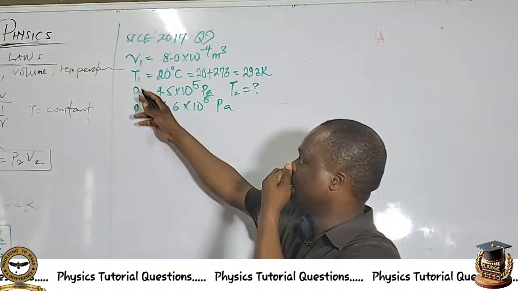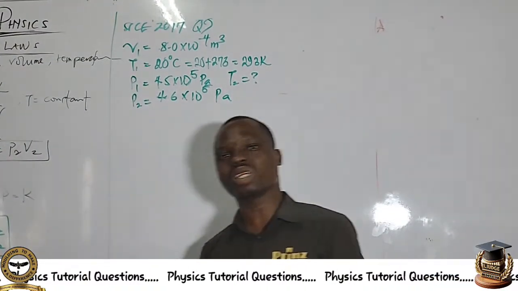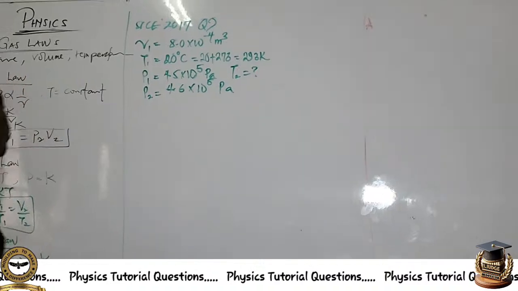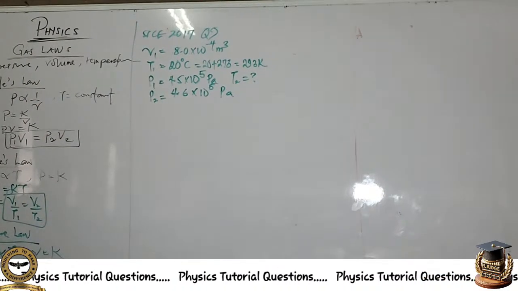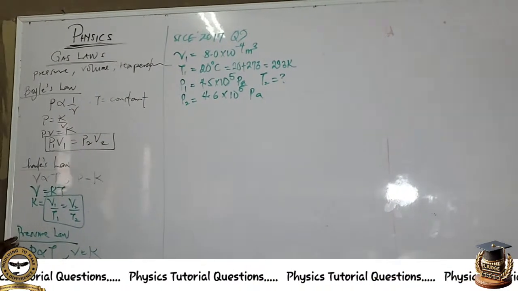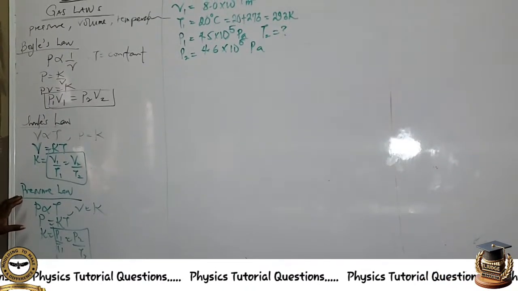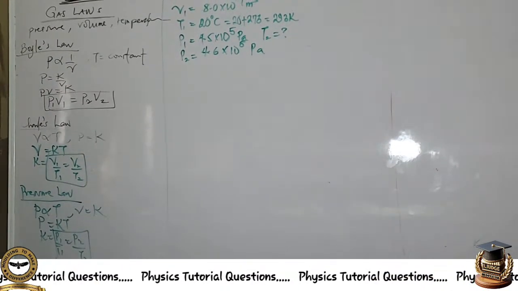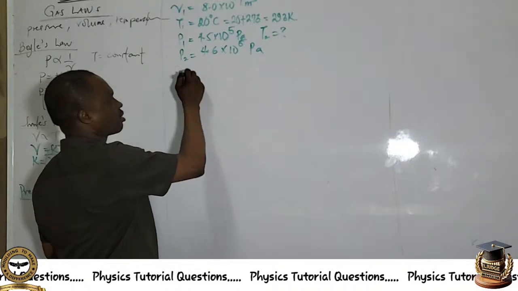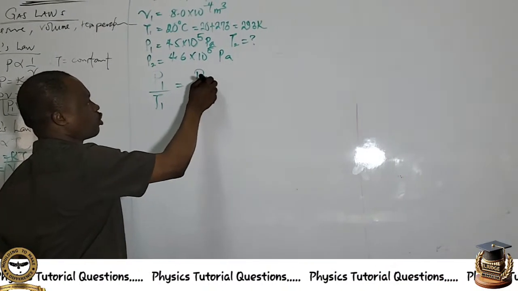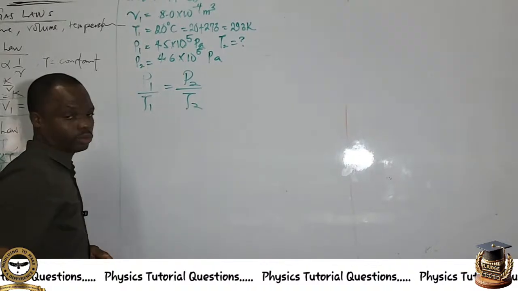At the beginning of the journey it was V1, so it will still remain V1. So that means V is kept constant. And out of all these laws, which law has V kept constant? That is the pressure law. In this case, we have P1 over T1 equals P2 over T2.